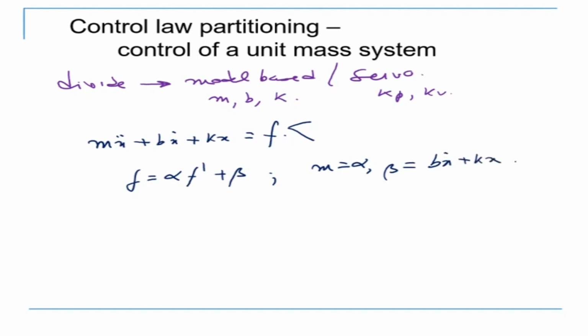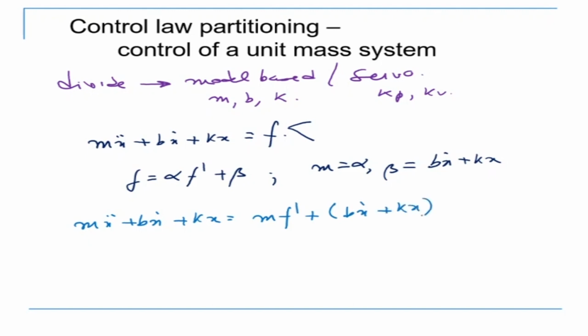Okay. Now, if I put this back into this equation, what would you get? I have mx double dot plus bx dot plus kx is equal to alpha m into f dashed plus bx dot plus kx. Okay, this is what we get.